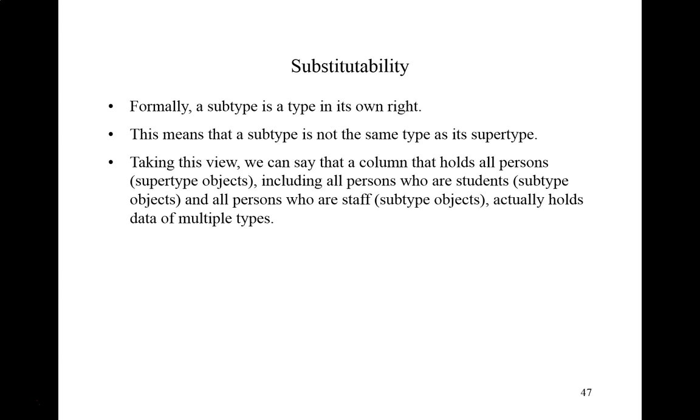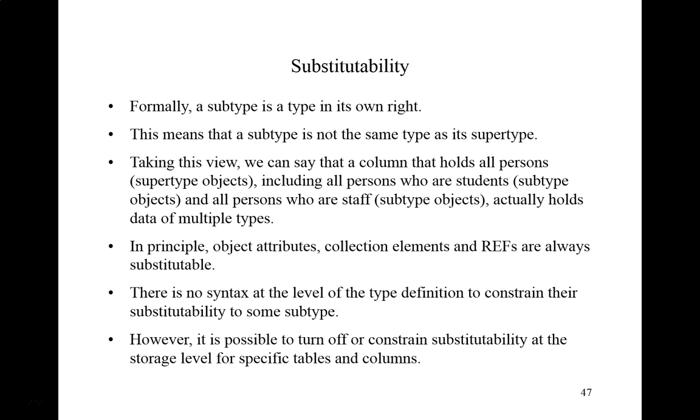Taking this view, we can say that a column that holds all persons, supertype objects, including all persons who are students, subtype objects, and all persons who are staff, also a subtype, actually holds data of multiple types. So in principle, object attributes, collection elements, and refs are always substitutable.